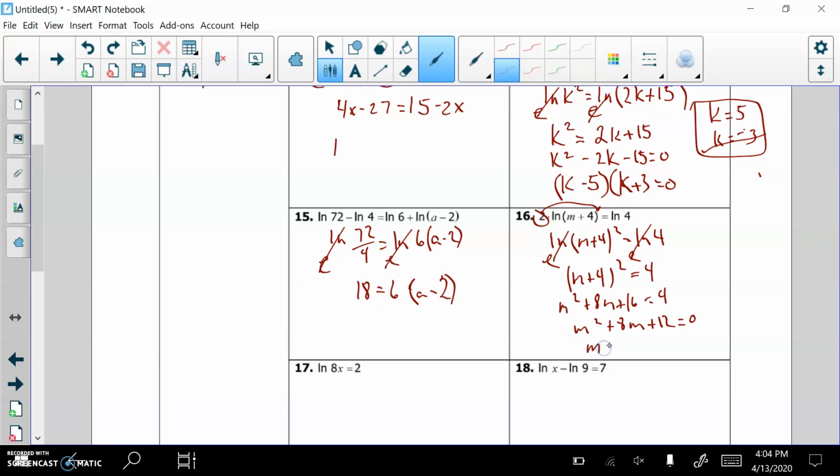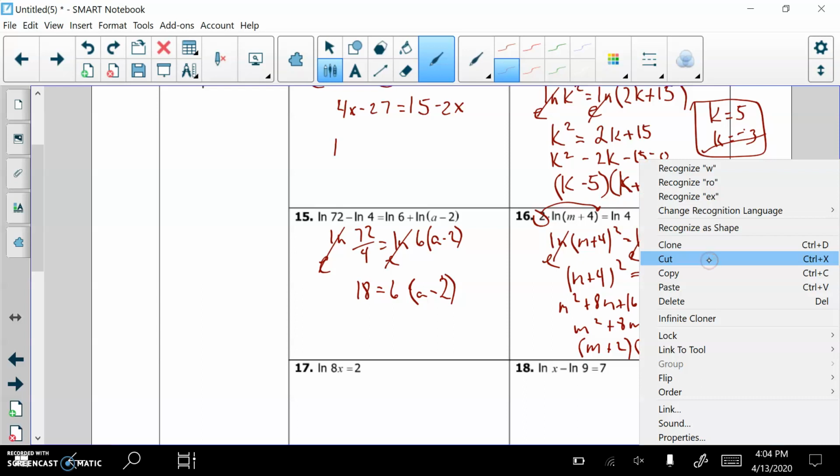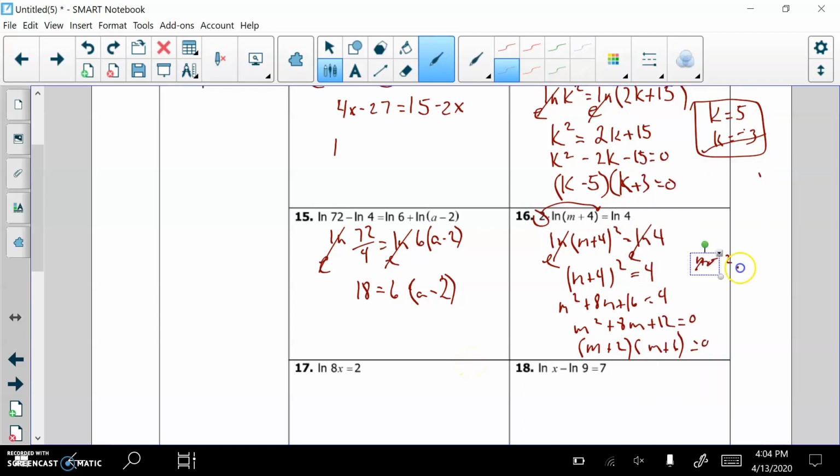So m plus 2, m plus 6 equals 0 for solutions of m equals -2 and m equals -6.